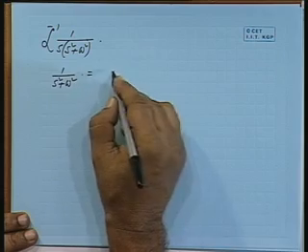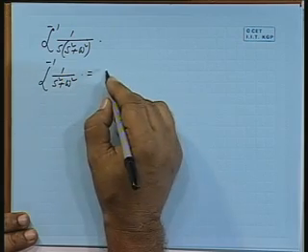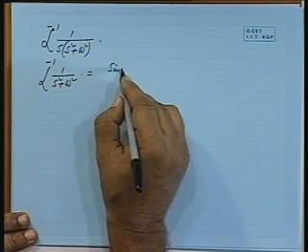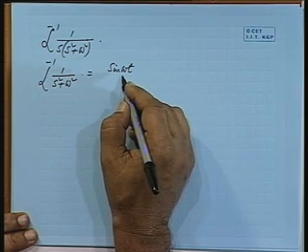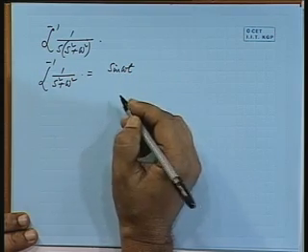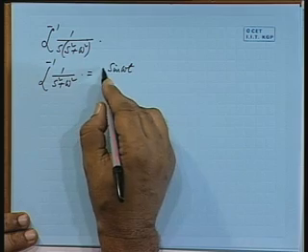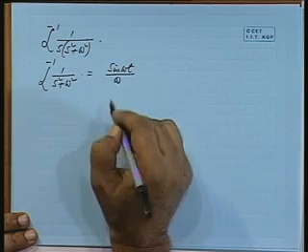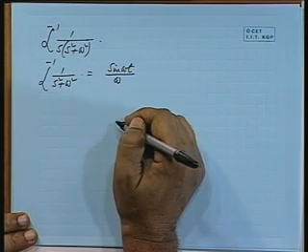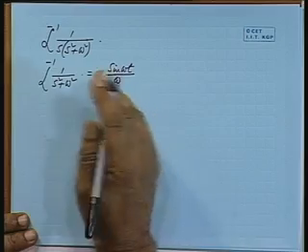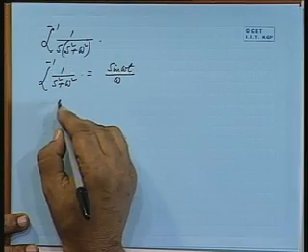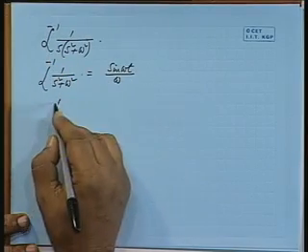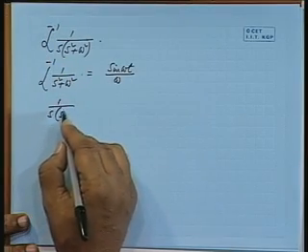If you remember, this is sin omega t. What is the Laplace transform of sin omega t? Omega by s squared plus omega squared. So omega is not there, so I will just write sin omega t by omega. Okay. And just now we have seen, if the initial conditions are not given, otherwise mentioned, it will be treated as 0.